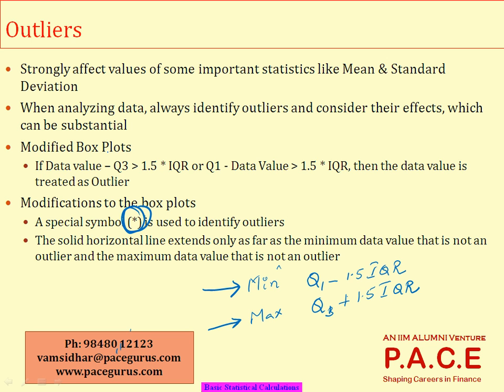Because the modified box plot can identify your outliers very effectively, there is a lot of popularity today for the box plot. The box plot is helping people to identify the outliers and remove the data effectively. That's the reason box plots are becoming heavily popular among statisticians today.